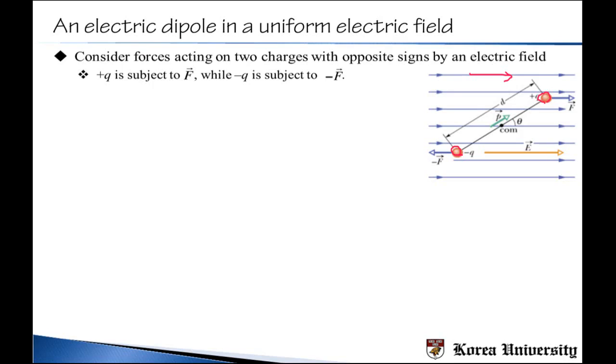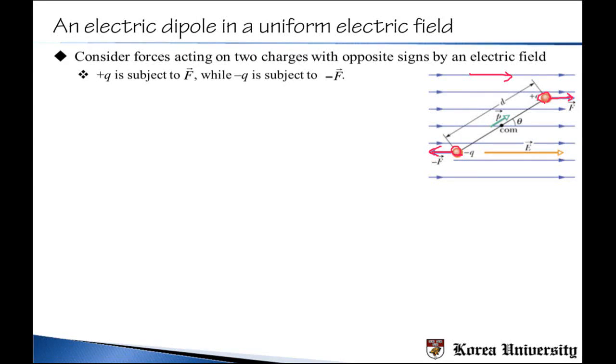Okay, and then what will happen? The electric dipole has 2 electric charges, so inside an electric field they will experience Coulomb force. So the positive charge will experience the force pushing it to the right, and the negative charge will feel the force pushing it to the left.